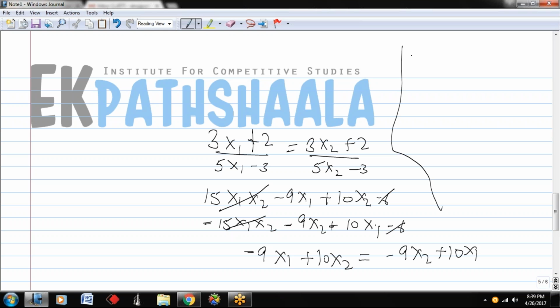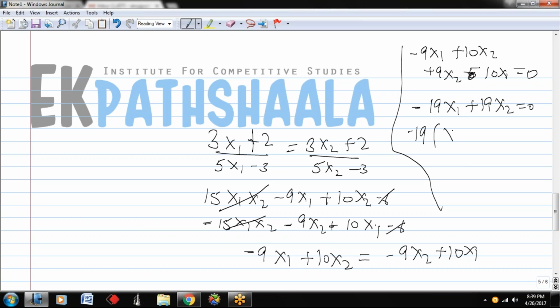I'll take the entire thing to one side. Minus 9x1 minus 10x1, that is minus 19x1, plus 19x2 equals 0. Take minus 19 common, so this becomes x1 minus x2 equal to 0. Therefore x1 is equal to x2. Hence the function is 1-1.